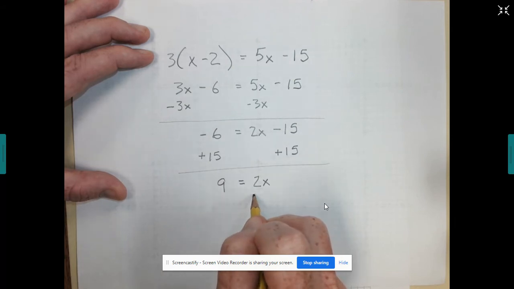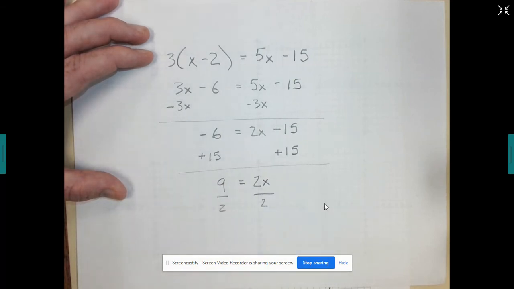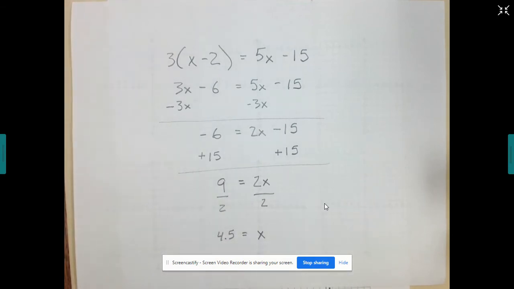Opposite of multiplication, division. 2 divided by 2 gets me down to just 1x. And 9 divided by 2 gets me down to either 9 over 2, or you could even just say 4.5. That's a general algebra problem, all right?